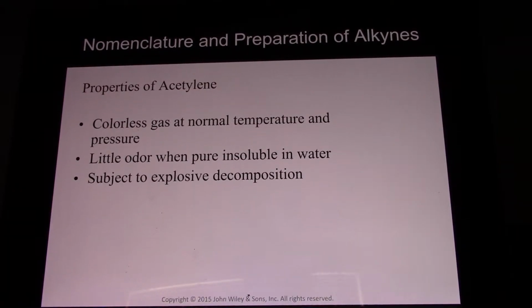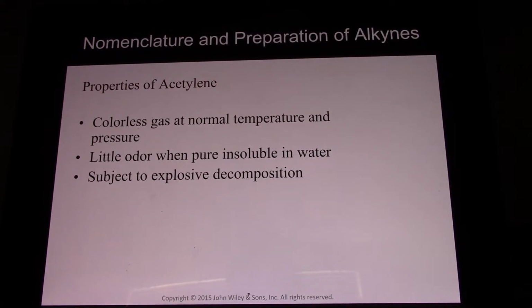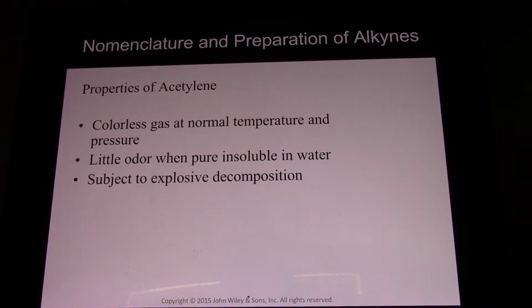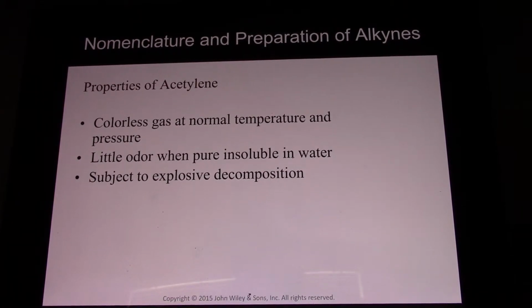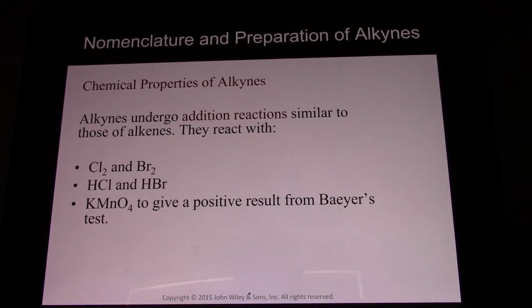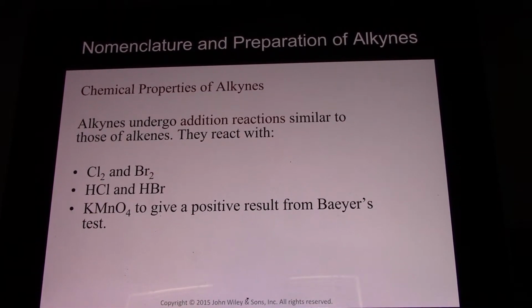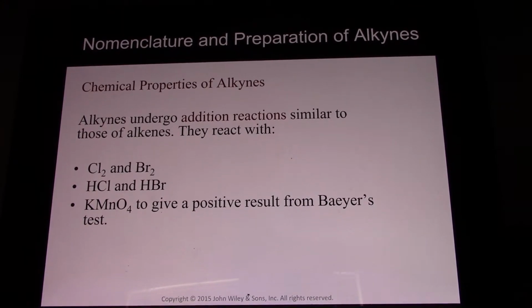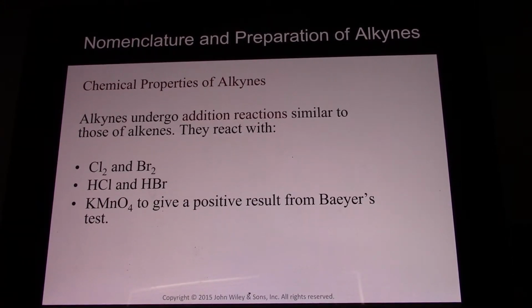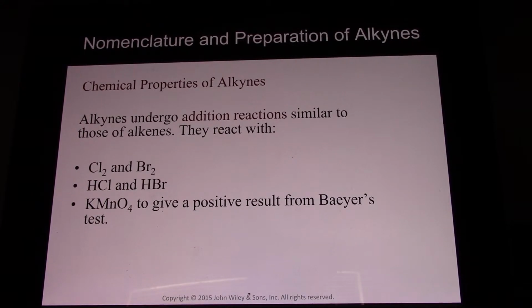Properties of acetylene. It's a colorless gas at normal temperature and pressure. Very little odor when it's pure, and it's insoluble in water, and it is subject to explosive decomposition, which makes working with it kind of dangerous. Alkynes will undergo addition reactions similar to those of alkenes, but they react twice. And so when you're reacting with chlorine and bromine, they'll react twice.